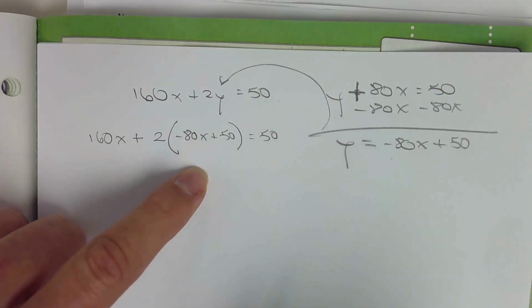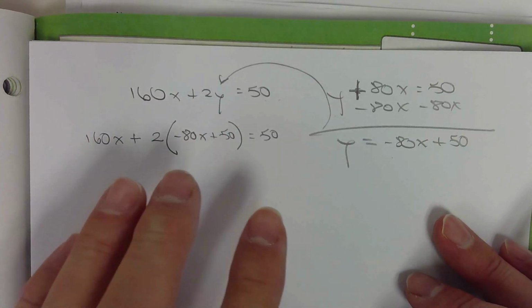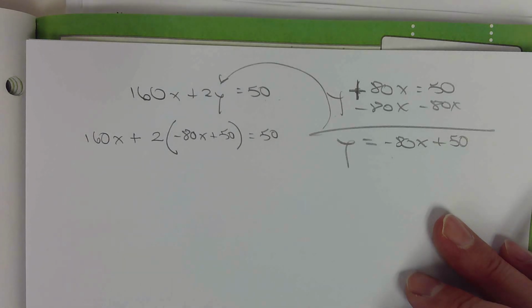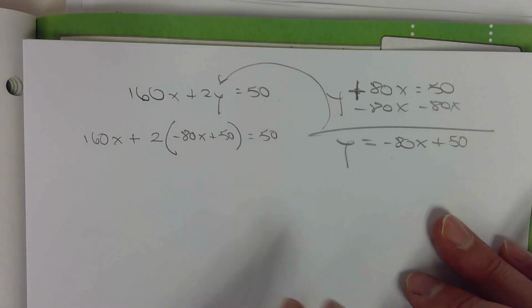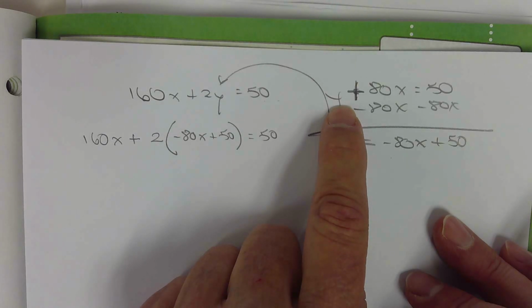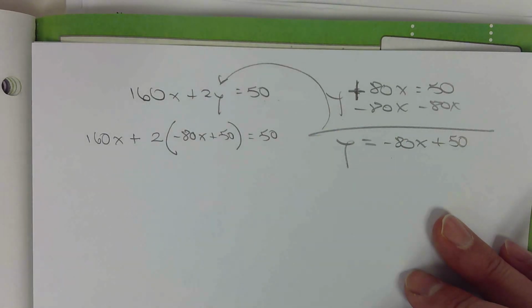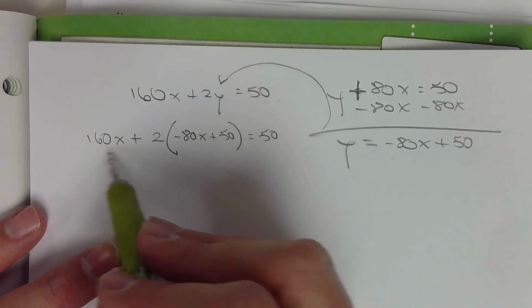Now I heard somebody say, it might have been Mr. Meredith, I did it the other way. In a lot of these problems, you could solve for a different variable first. If your sums and operations are correct and you don't make any mistakes, you'll come up with the same answer. But it's always easier to work with the equation that has a coefficient of 1 on one of the variables first. So, what's the next thing I would do here?